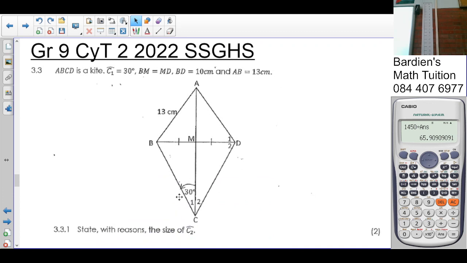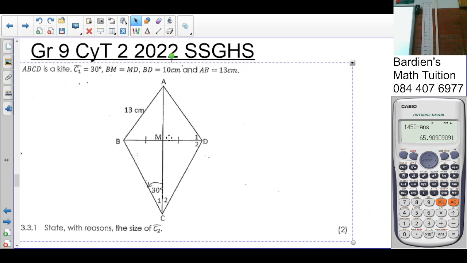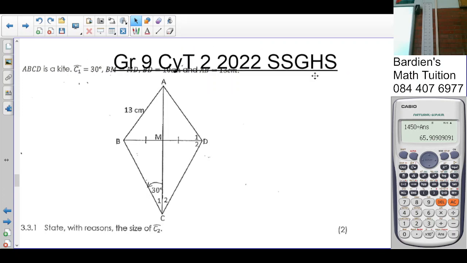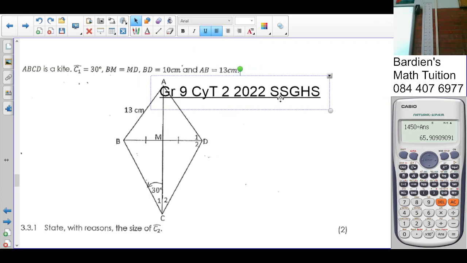3.3. State with reason the size of C2. We are given that ABCD is a kite. So there's a kite. We know all the properties that is associated with a kite is evident here now.